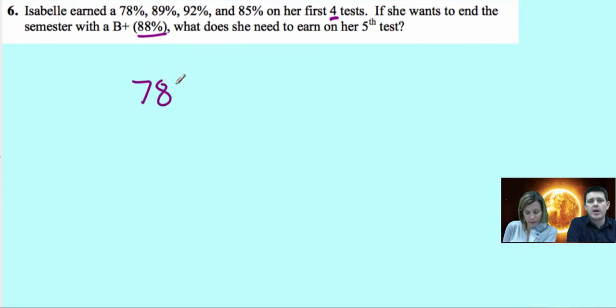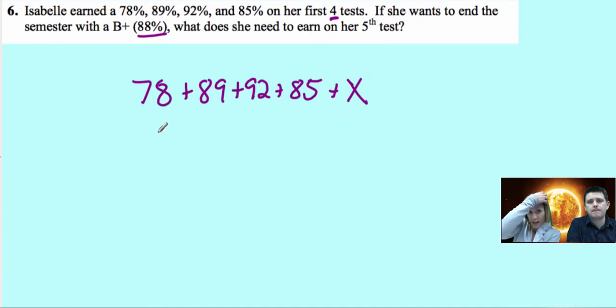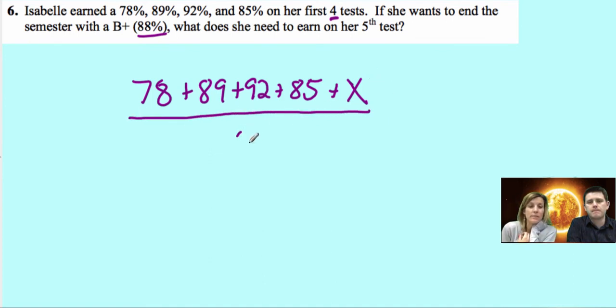So again, we're going to add up the pieces we know: 78 plus 89 plus 92 plus 85 plus x, divided by 5, is going to give us a mean average of 88%. So we're going to do the little bit that we can do.